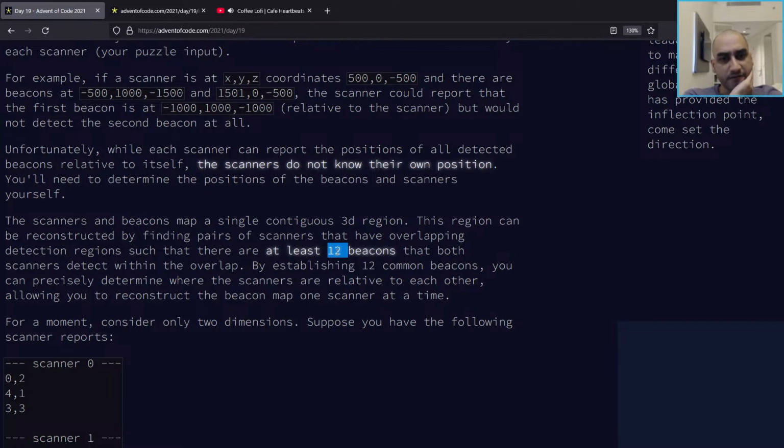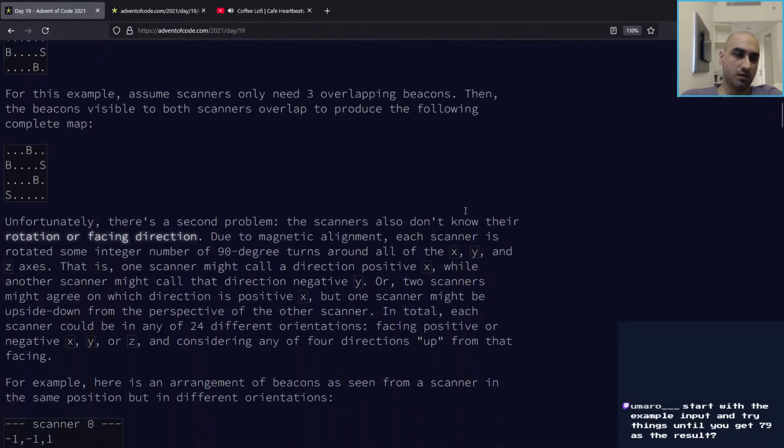They're saying if you knew that a pair of scanners had 12 beacons in common, then you would be able to work out. Start with the example input and try things until you get 79 as a result.